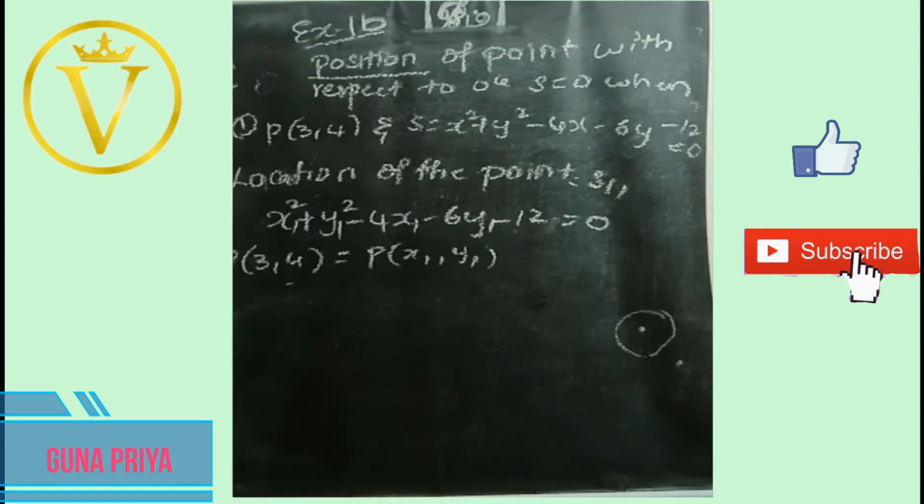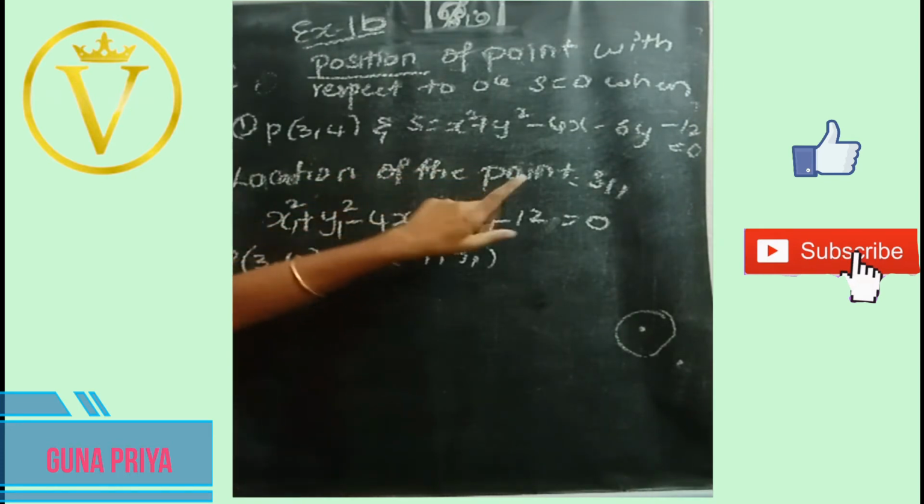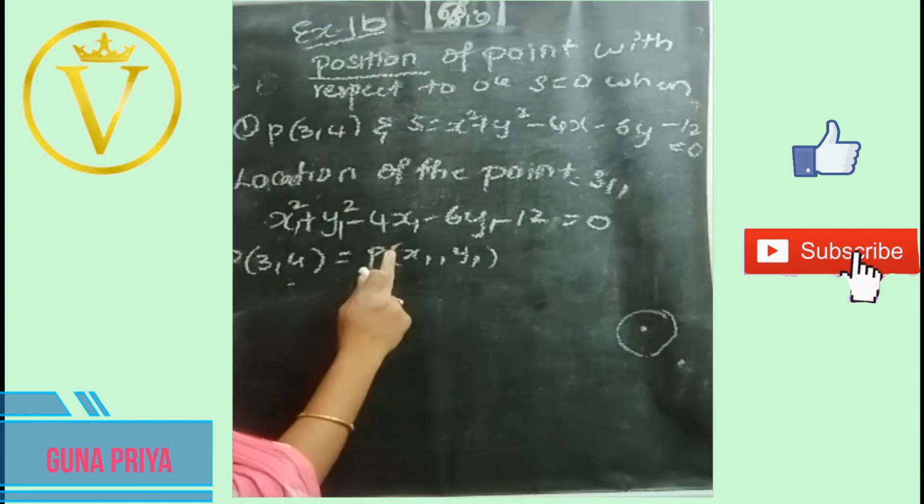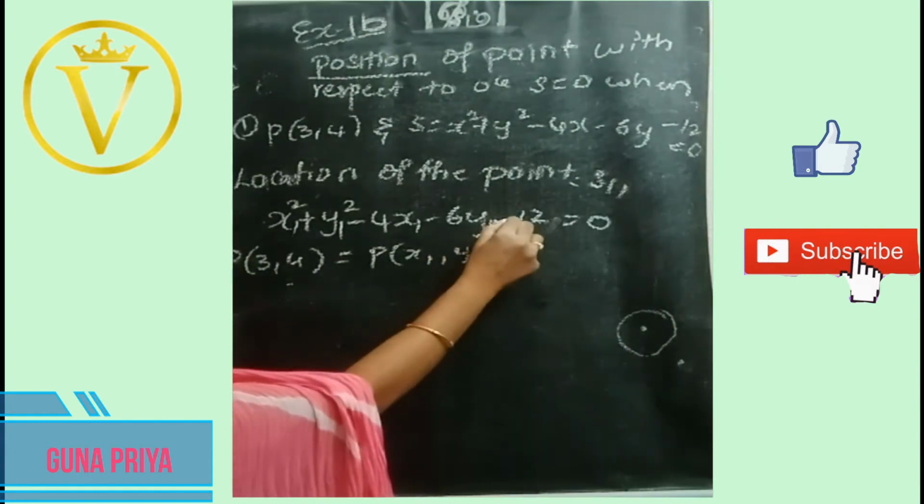The location of the point S11 is x1 square plus y1 square minus 4x1 minus 6y1 minus 12.